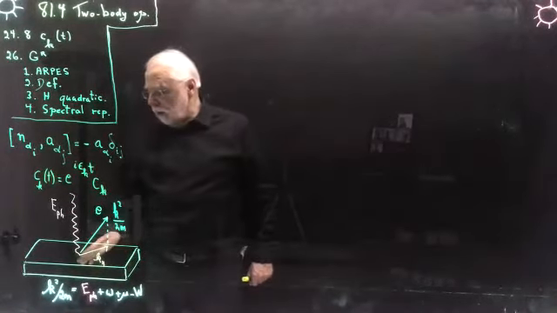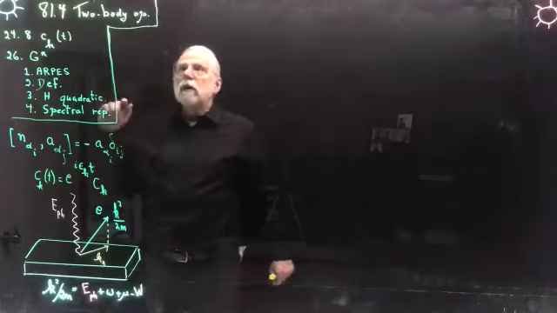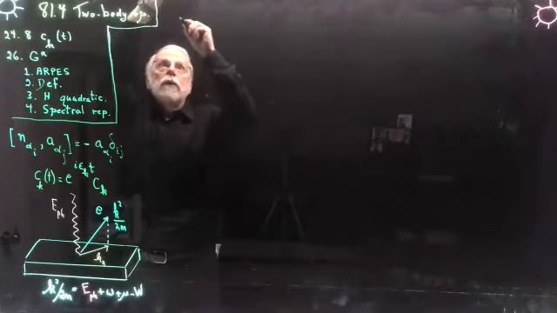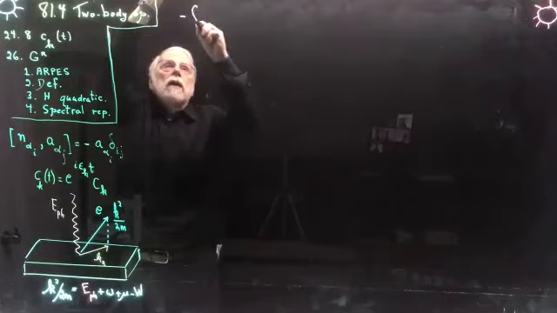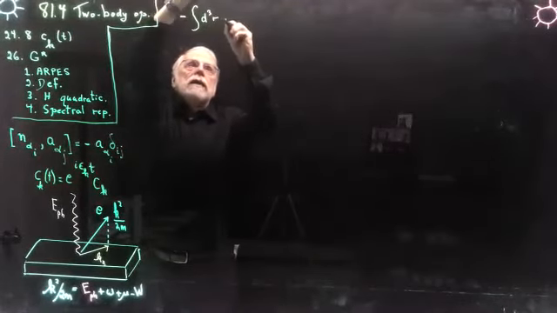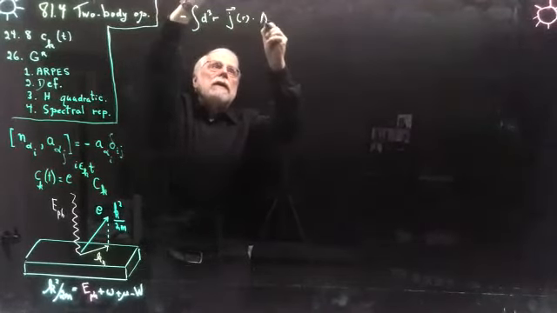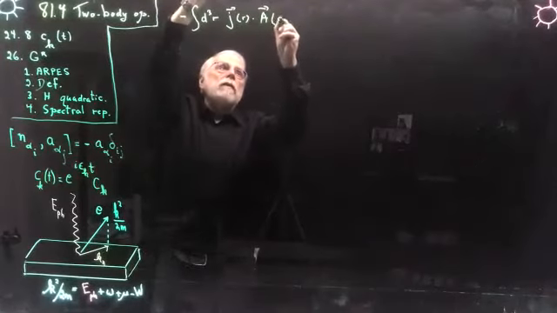Okay, now I want to compute the golden rule, so I want to use a transition matrix element. So what's the interaction between matter and light? We know that it is this, right? We've worked on this before.